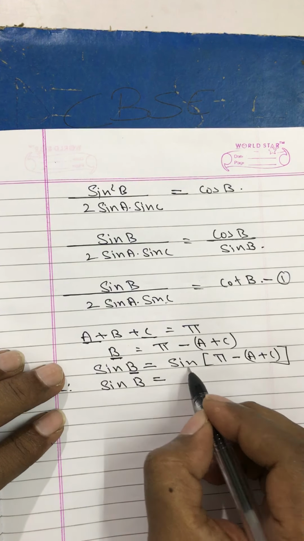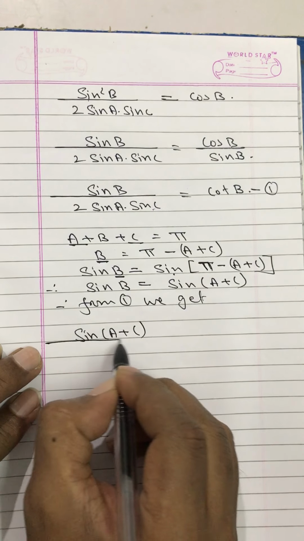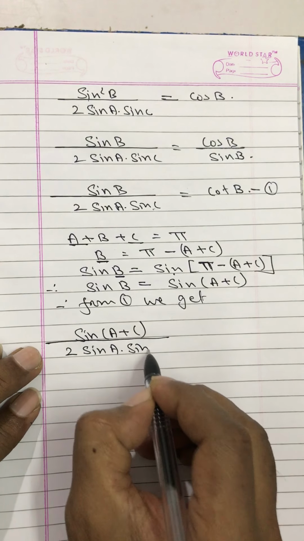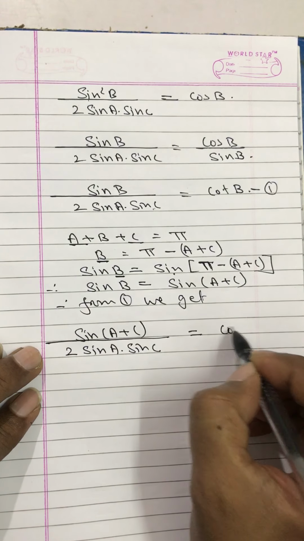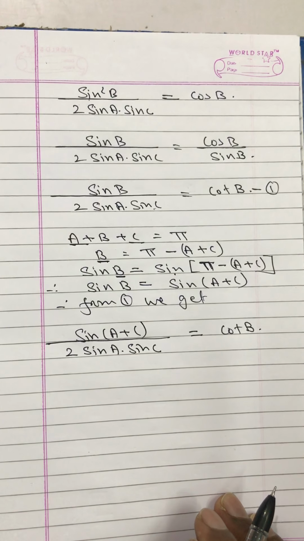Therefore, from 1 we get, in place of sin B I will write sin (A plus C) upon 2 sin A into sin C is equal to cot B. I'll think about the 2 and everything, I'll see afterwards what I'll do.